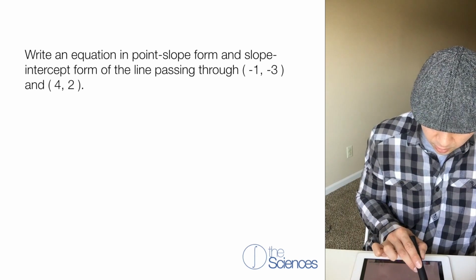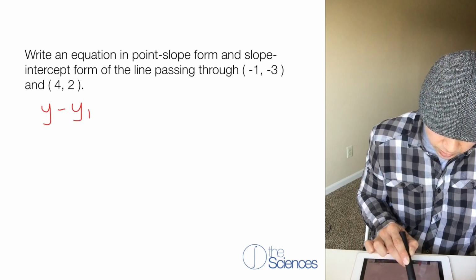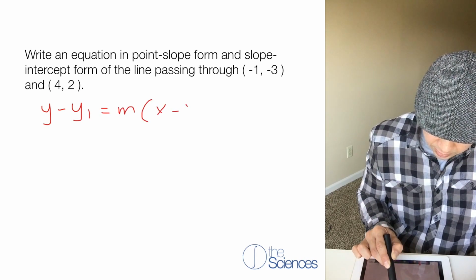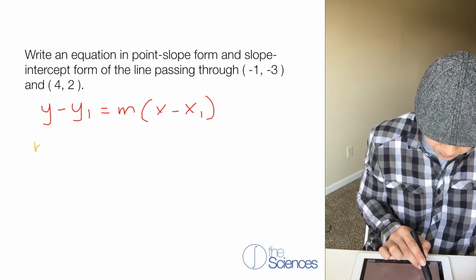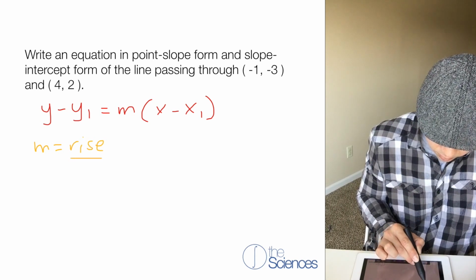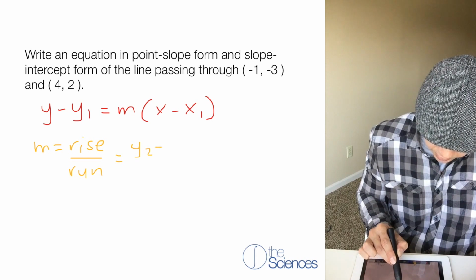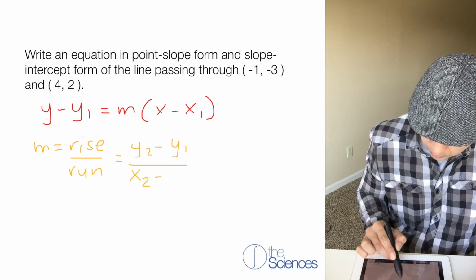So our point-slope form is y minus y1 equals m times x minus x1. To find m, we're going to use rise over run, which is y2 minus y1 over x2 minus x1.